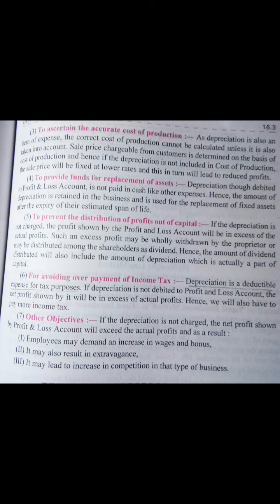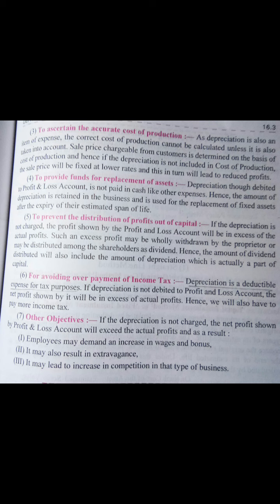So the profit will go out of the company, and in fact this is not the actual profit, it is in fact the depreciation which is going to be taken out from the company, and it is not beneficial for the company. So it is very much essential to include depreciation in our profit and loss account preparation.